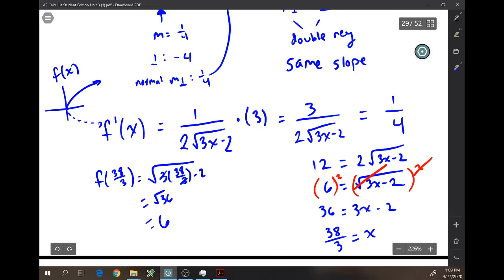So it's going to tell you before the square root whether it was the positive side or the negative side. In this case, it's the positive side, so we use 6. When we're solving for x and we do a square root, that's when we do need the plus or minus. Anyways, this was the f of 38 over 3. That's the y value of our point. So that means our point is 38 over 3, comma 6.